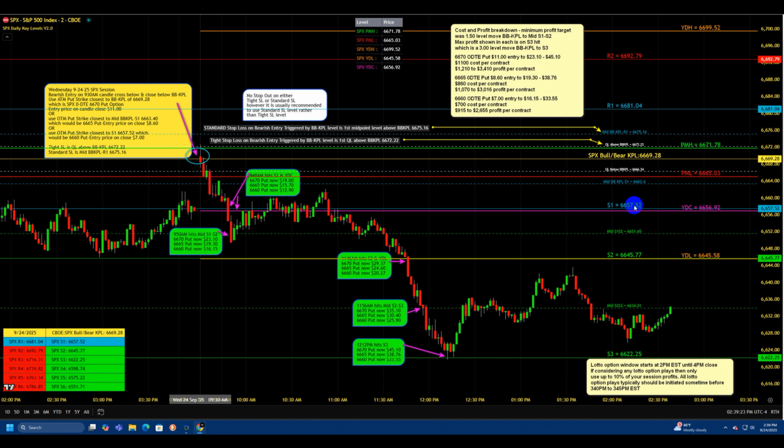But since it's slightly over the halfway point between those strikes, then you would go up to the one closest, and that would be, in this case, the 66.60 put.